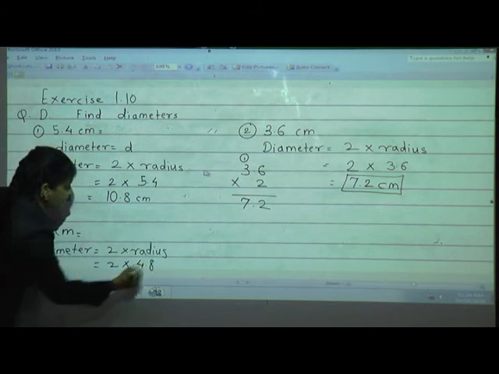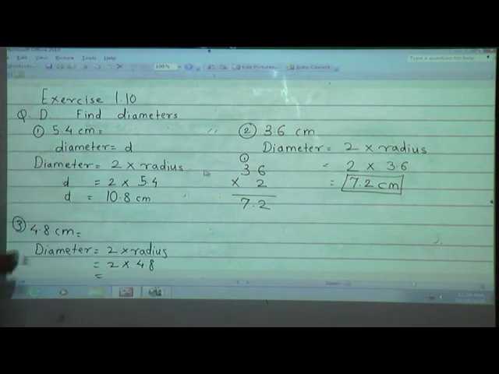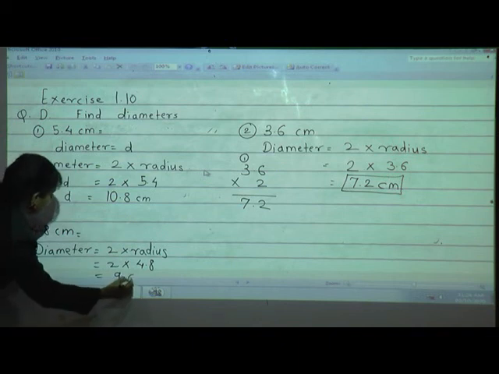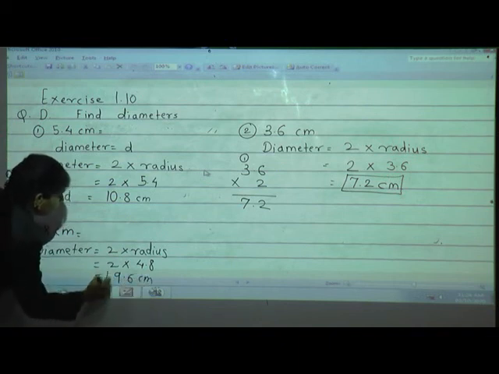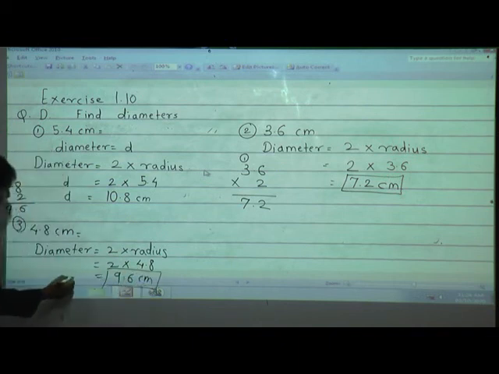Multiply 2 into 4.8. 4.8 multiplied by 2. 8 into 2, 16. Again here 1. 4 into 2, 8. 8 plus 1, 9. And point here. So the answer is 9.6 centimeter. So the diameter is 9.6 centimeter.